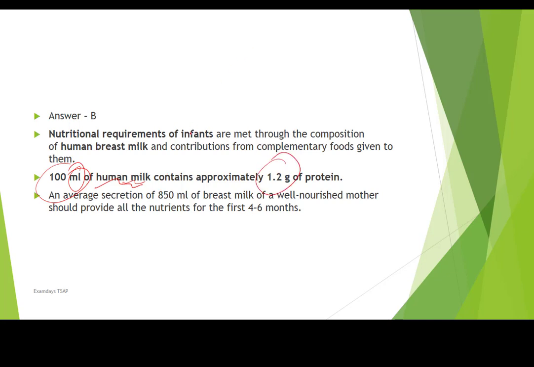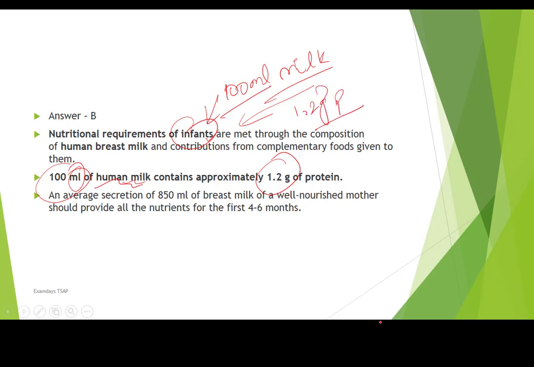For example, if an infant consumes 100 ml of breast milk, he or she will get 1.2 grams of protein. If you take the average secretion of 850 ml of breast milk, the mother should provide the nutrition for the first 4 to 6 months.